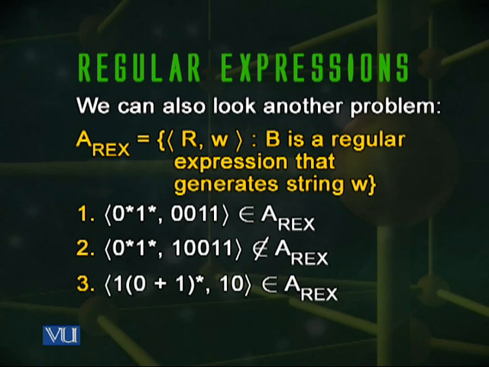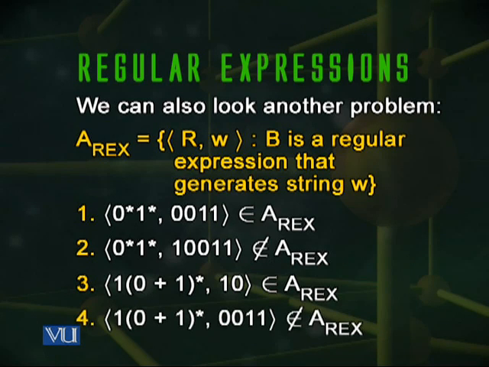Another string which is in A_REX is the encoding of 10 ∪ 1*, followed by the string 10. Since this string is generated by this regular expression, therefore this encoding would be in A_REX. Lastly, 10 ∪ 1*, 0011 is not in A_REX because this regular expression only generates strings that start with a 1 and this particular string does not start with a 1.